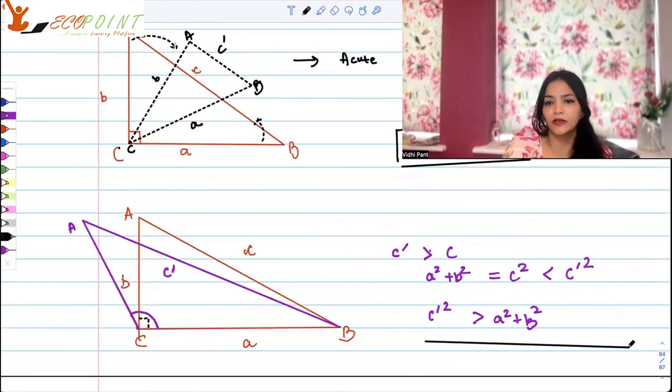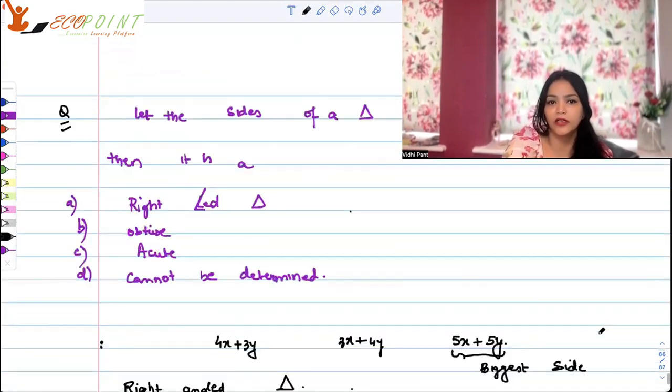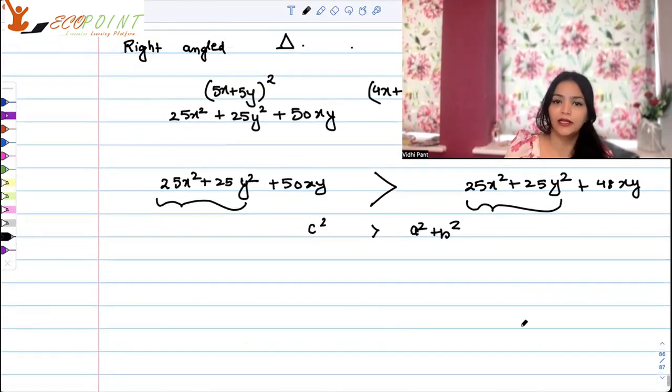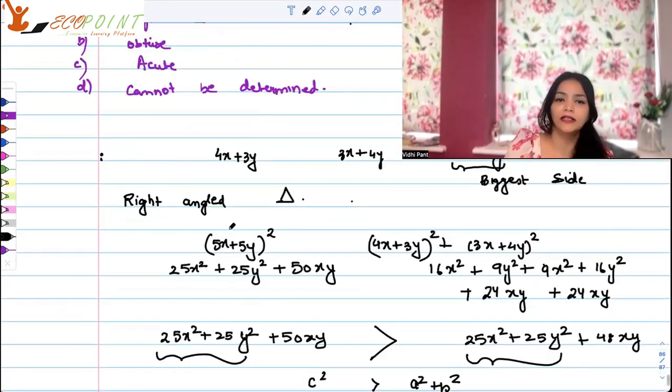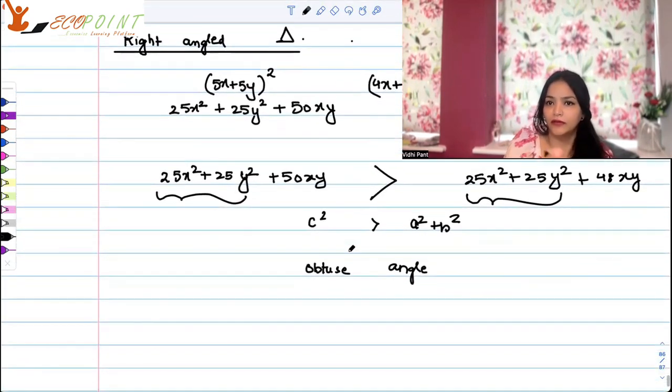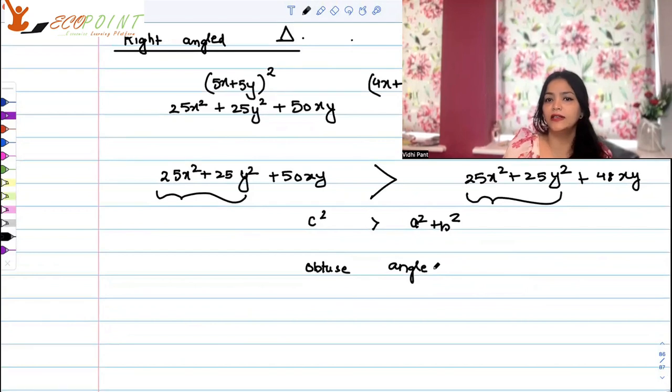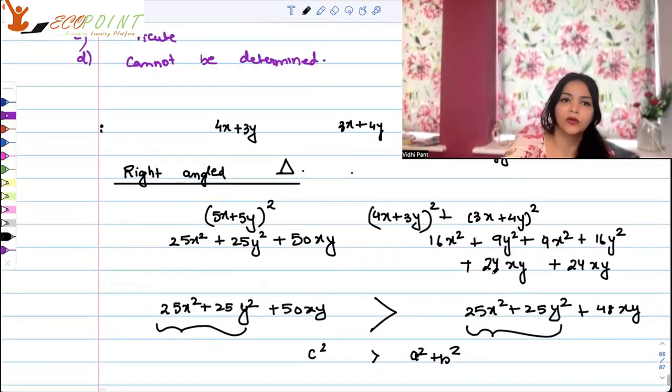C is bigger in an obtuse angle triangle. So it looks like it can be an obtuse angle triangle. तो हमने right angle की तरीके से सोच के देखा, equality नहीं लगी, but we figured out from that analysis that it's actually not a right angle. Right angle will be wrong. It's an obtuse angle triangle. It seems it's an obtuse angle triangle.